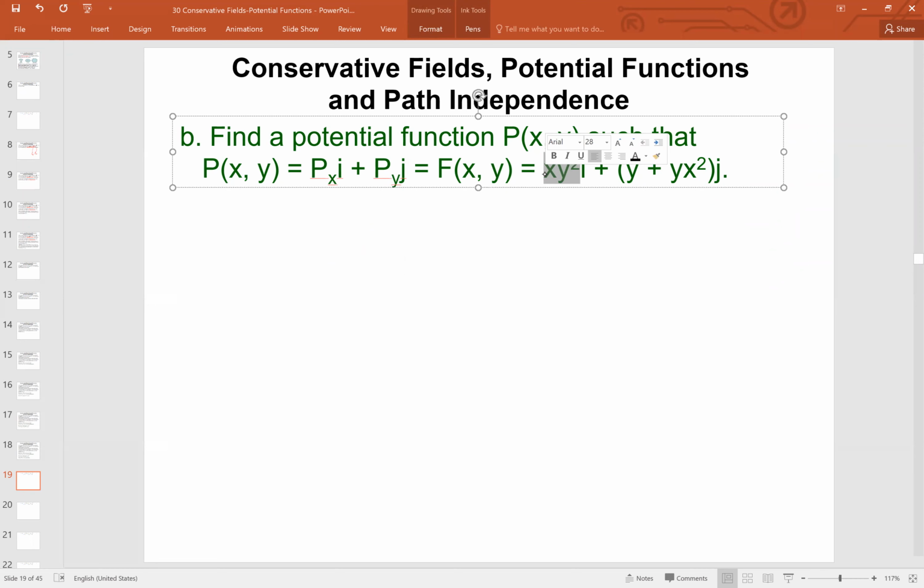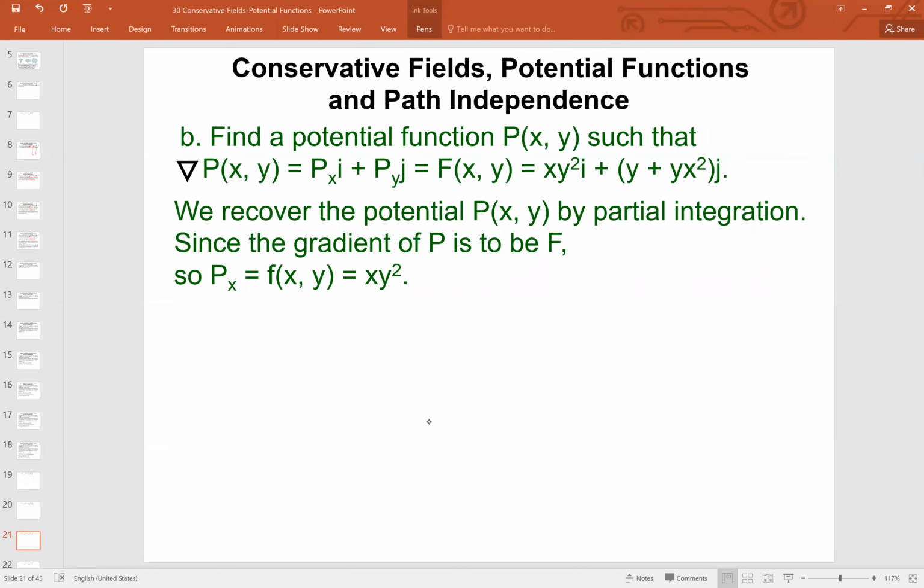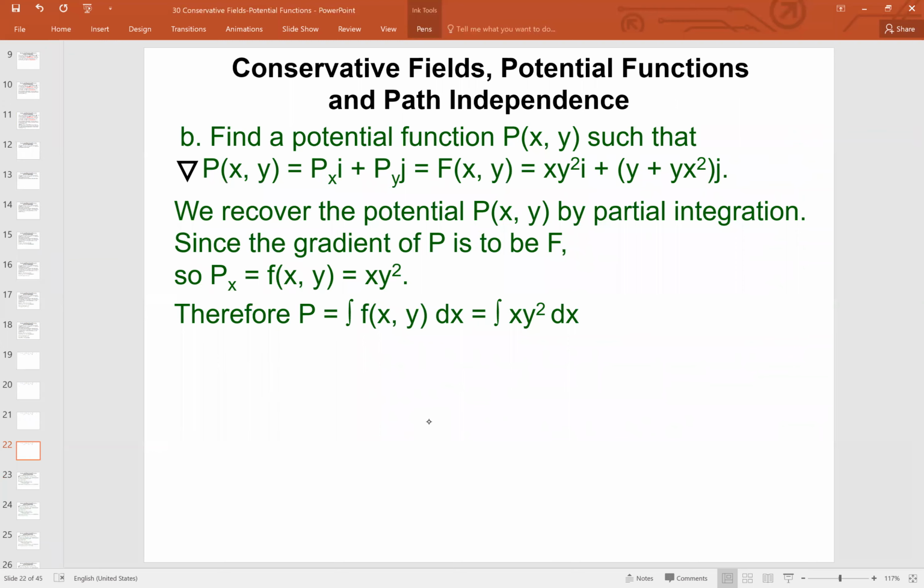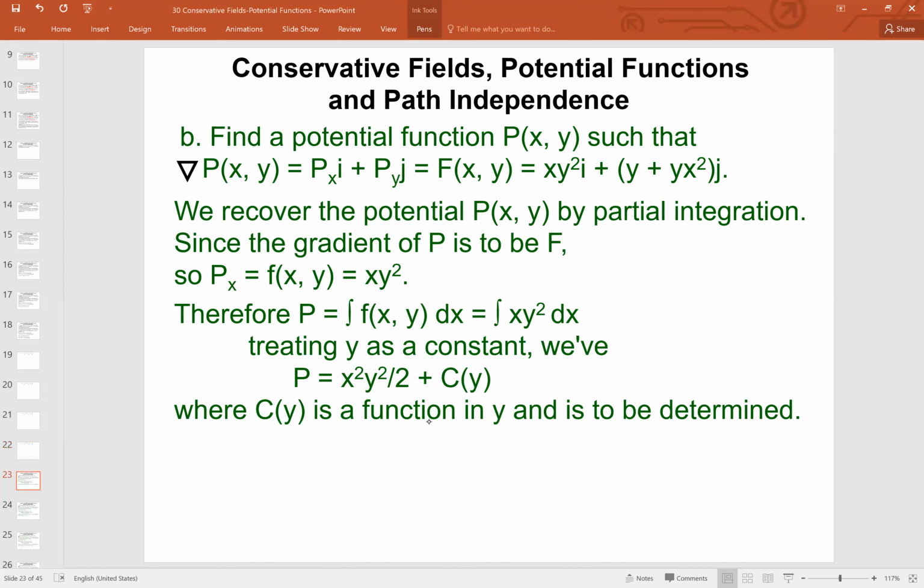So I integrate xy squared with respect to x, and treat the y as constant. I will get x squared y squared over 2, plus something in y, because when I take the derivative with respect to x, all the parts with respect to y will drop out.